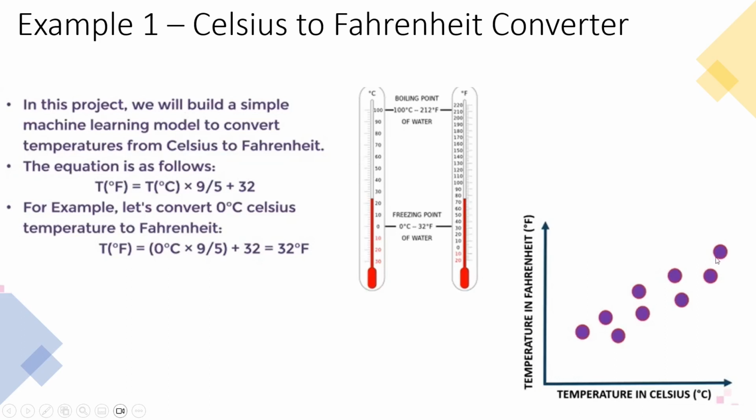And there is a linear relationship between Celsius and Fahrenheit. It's the Celsius times this number plus this number. This is a very concrete formula. By just applying this formula, you can convert Celsius to Fahrenheit.